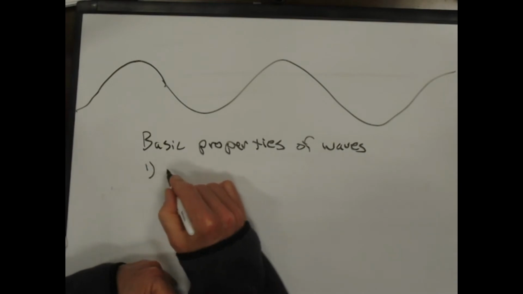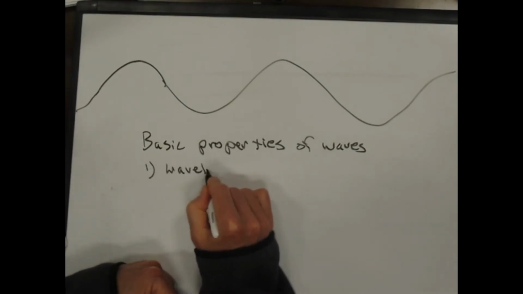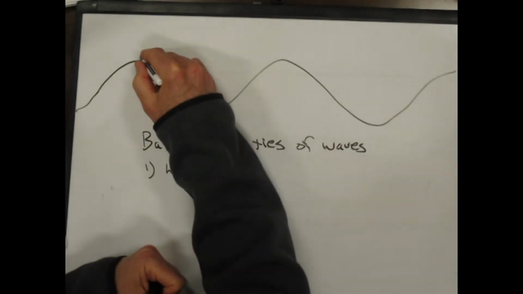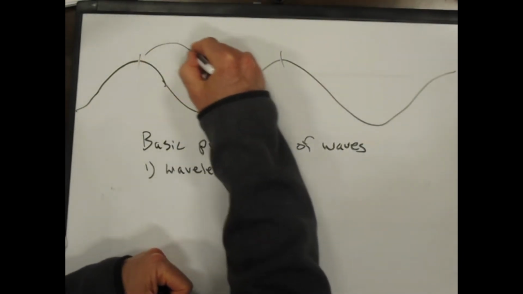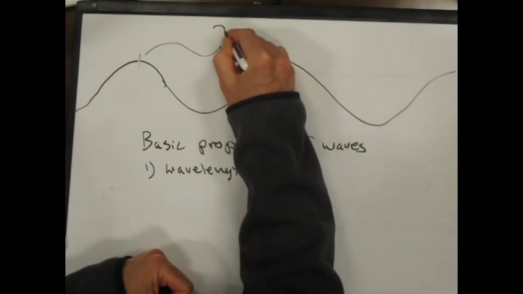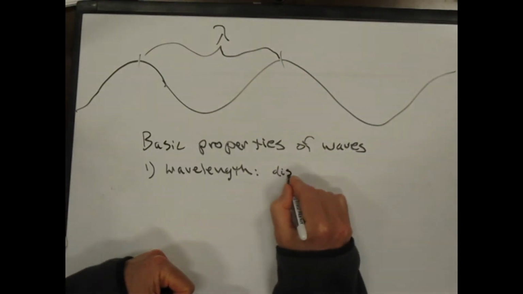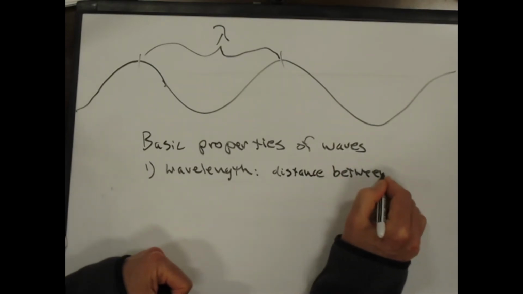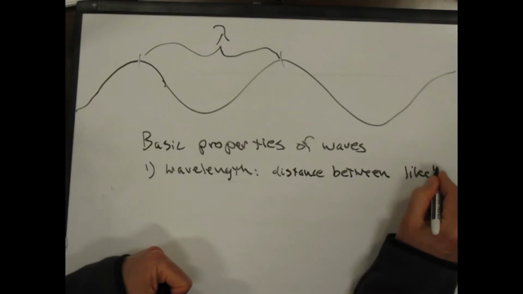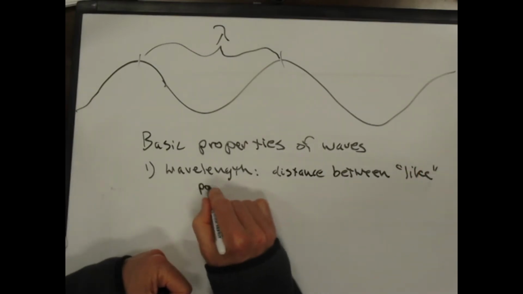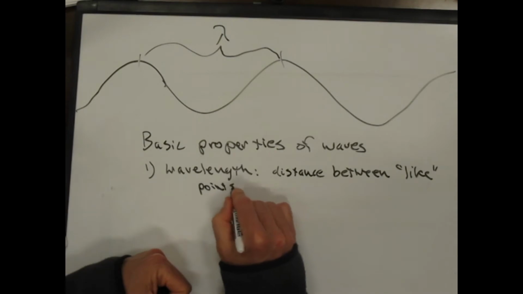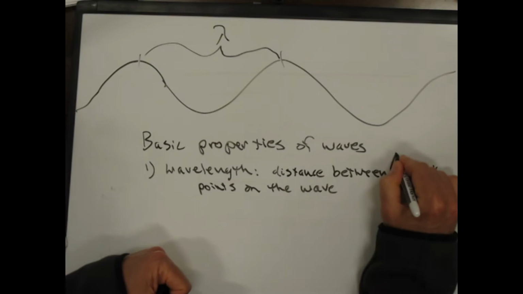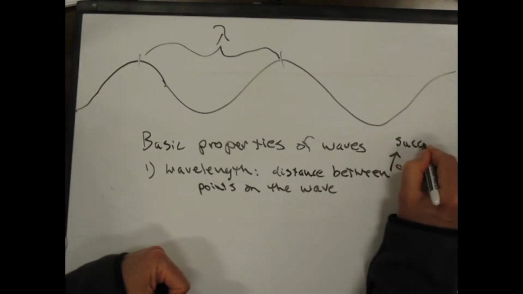So one is wavelength. That's the distance between any two like points on the wave. And maybe here I should say successive.